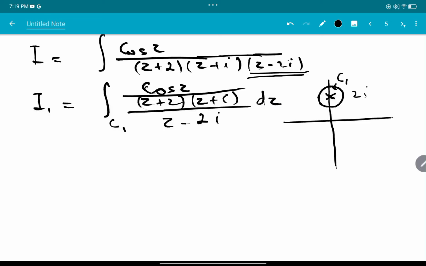It's not necessary that you write like this, but it helps you to compare it easily with f(z) divided by (z minus a) dz. You compare it with Cauchy's integral formula and write 2 pi i f(a).